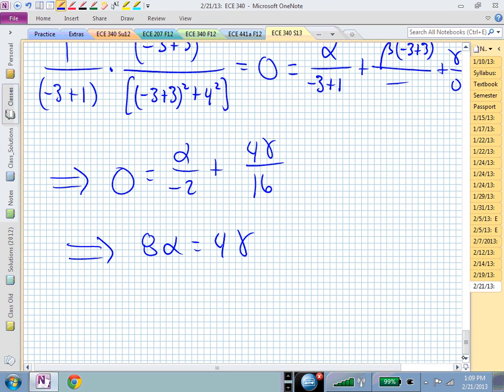And I'm trying to find gamma. I already know alpha. Have to do the division right, but this now gives me 2 alpha. And alpha I already knew.